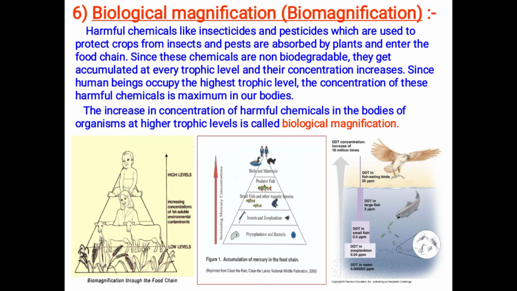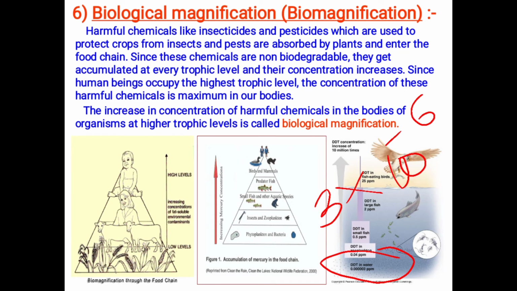Here you have a very good example. They used to put DDT in the water to remove the microorganisms or to get purified water. The DDT put in the water was 0.000003, that is around 3 into 10 raised to minus 6 ppm, parts per million.